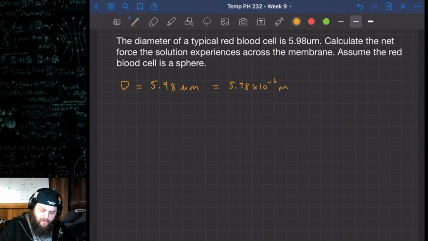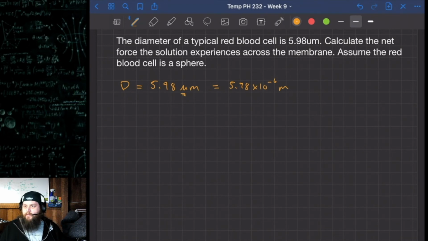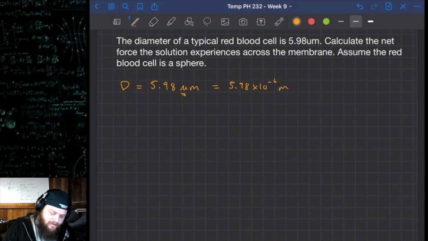If you haven't memorized all of your metric unit conversions: milli is 10 to the negative 3, micro is 10 to the negative 6, nano is 10 to the negative 9, pico is 10 to the negative 12, and after that you're getting subatomic. So you probably don't have to worry about that for a while. It's a good thing to memorize because it's an easy mistake to make.